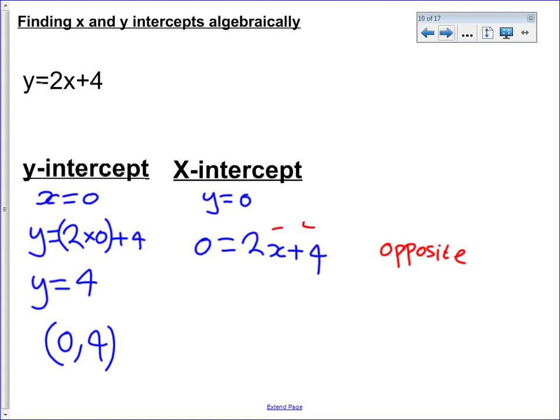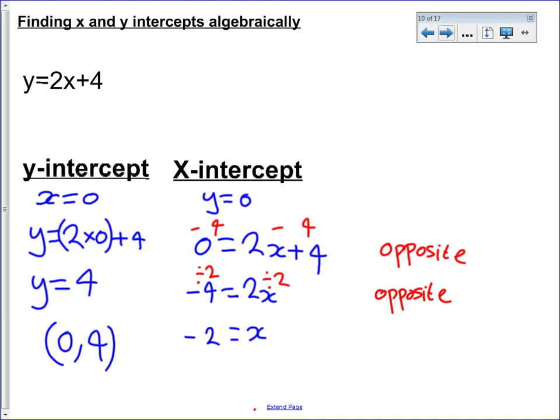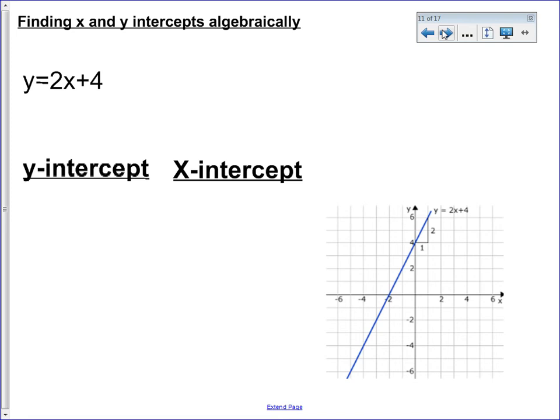So we need to subtract 4 from both sides. So we get minus 4 is equal to 2x. We need to consider our second opposite. We've got multiply by 2, so we divide both sides by 2. That gives x equals minus 2. So we have a coordinate minus 2, 0. And if we plot that on a graph, we get this.